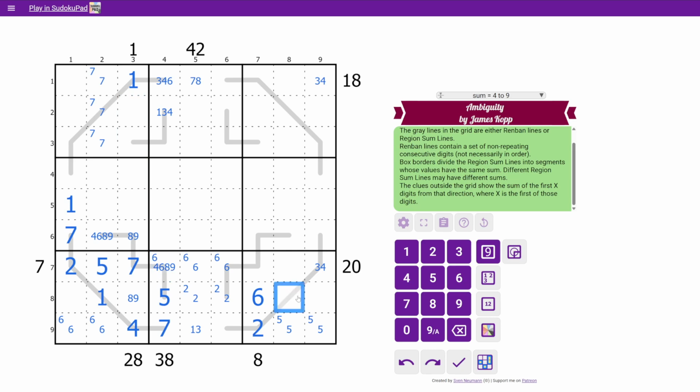Can this be 4? That would be 4. It would force this to be 3. If this was 4, this would be 3. This would have to be 9, 8. That's still possible. Okay.